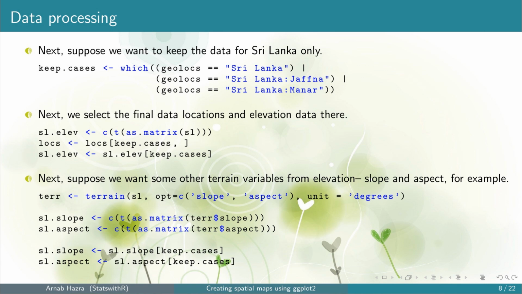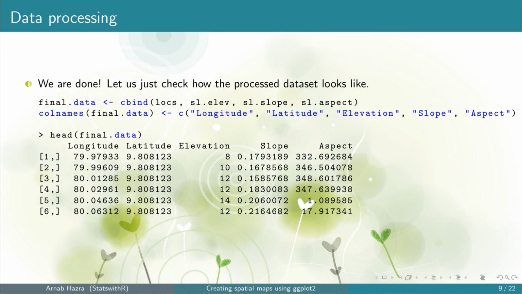We can select the unit of slope and aspect. It can be in radians or degrees. We select degrees. Further, we obtain the vectors sl.slope and sl.aspect similar to the way we obtained sl.elev from SL. So we are done.